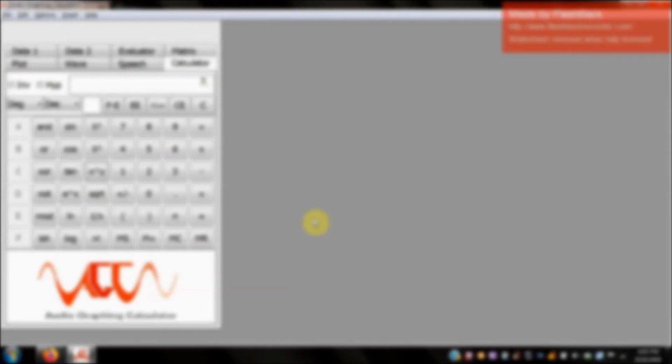I'll press 5 since 5 is the exponent that I want to put on 7. And I'll press equal. It's 16,807. I'll press delete.